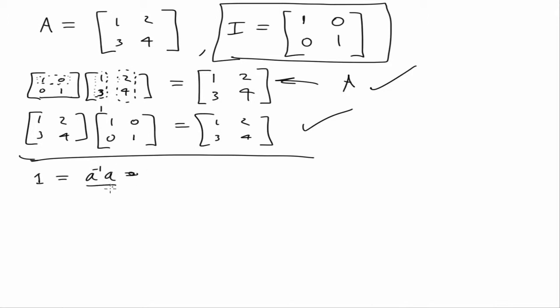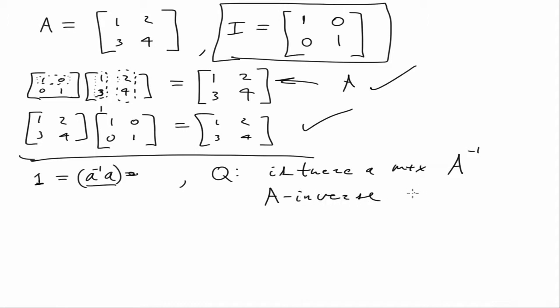So you can actually think of 1 as being the defining value where a times its inverse is equal to 1. Right, that begs the question for matrices: is there a matrix, what we're going to call A inverse, such that when I multiply A inverse times A, I get out the identity matrix?